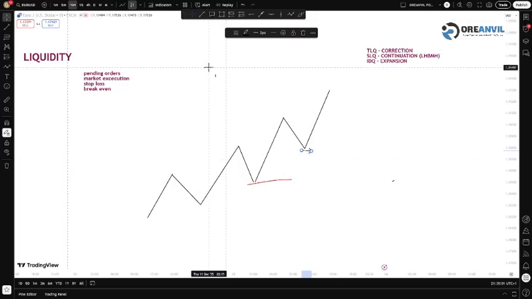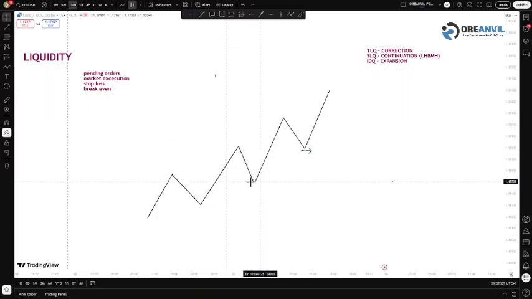So looking at this market, what is here in this middle? There's something here in this middle.